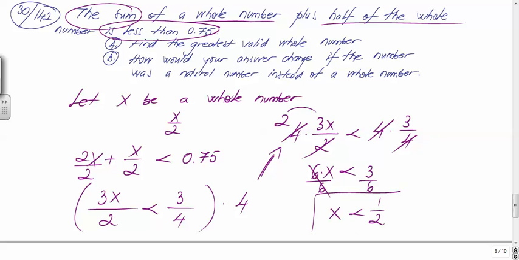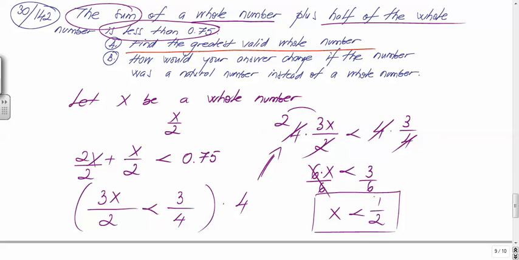So I'm looking for a whole number that is less than 1/2 as the answer to my first task. Find the greatest valid whole number that will satisfy this statement, that the sum of that whole number and half of it would be less than 0.75. Well, what whole number is less than 1/2?